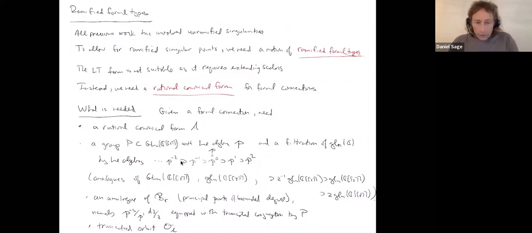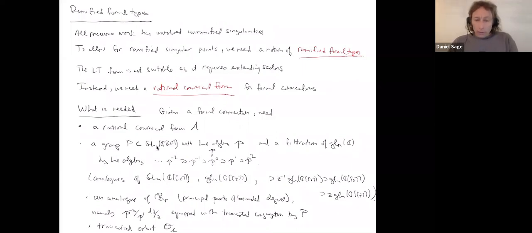So what else? Remember, we had this group GLN of the power series before. Well, we're going to want a certain subgroup P of that group. For those of you who know what that is, it's what's going to be called a parahoric group.